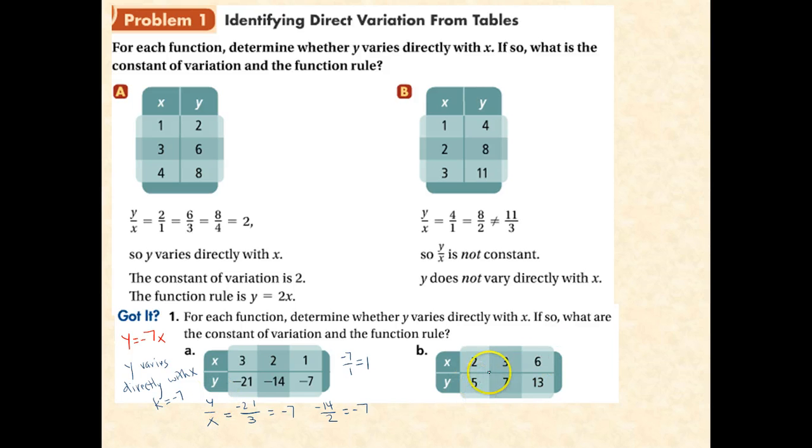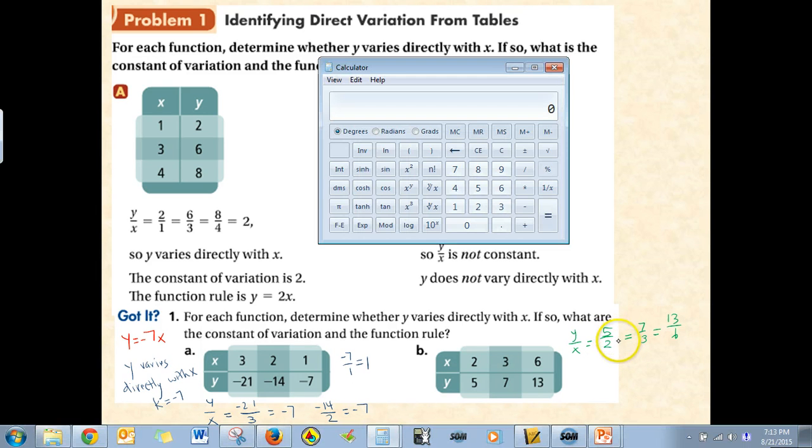On B, if we look at y over x, that's 5 over 2. Does that equal 7 over 3? And does that equal 13 over 6? Well, 5 over 2 is 2.5. 7 divided by 3 is 2.333 repeating.